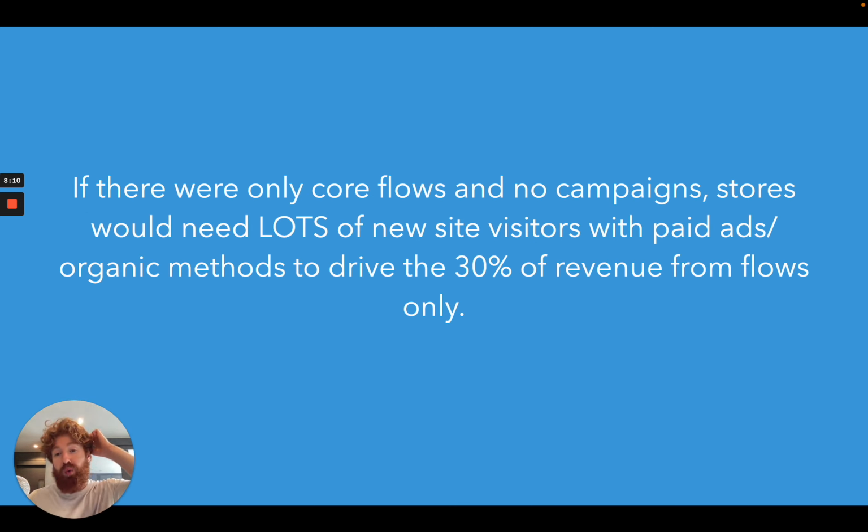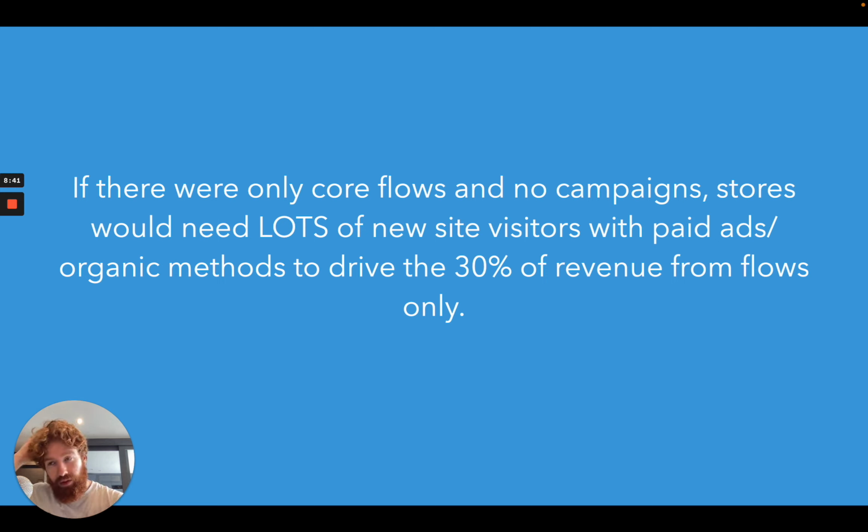So hypothetically, if there were only core flows and no campaigns being sent to your subscribers, you'd need to have loads of new site visitors, whether this be with paid ads or organic methods like influencers. You would need to have lots of new site visitors to drive that 30% of revenue from flows only.